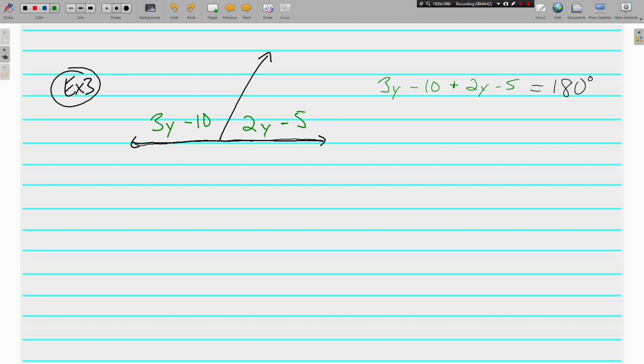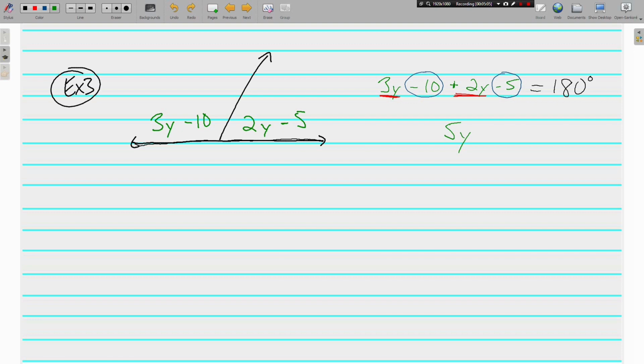Okay, got some like terms to combine. I've got 3y's and 2y's. That's going to give me 5y. And I also have positive 10 and negative 5. Always remember to look at the sign on the left.